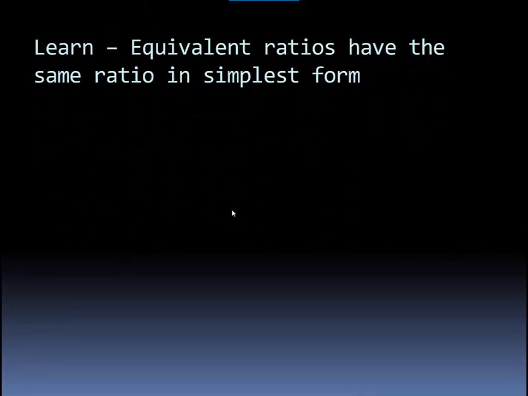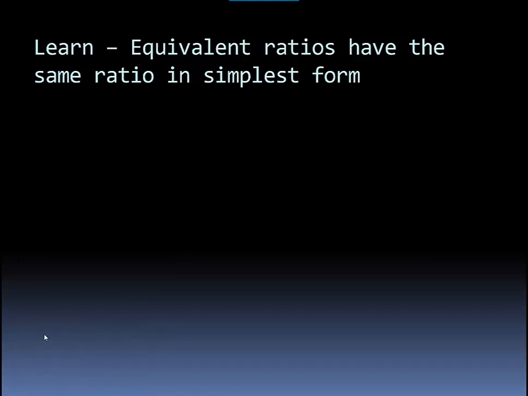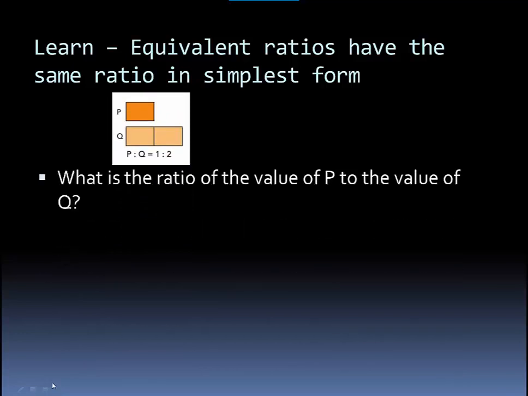Let's learn how equivalent ratios have the same ratio in simplest form. Let's look at this picture. What is the ratio of the value of P to the value of Q?